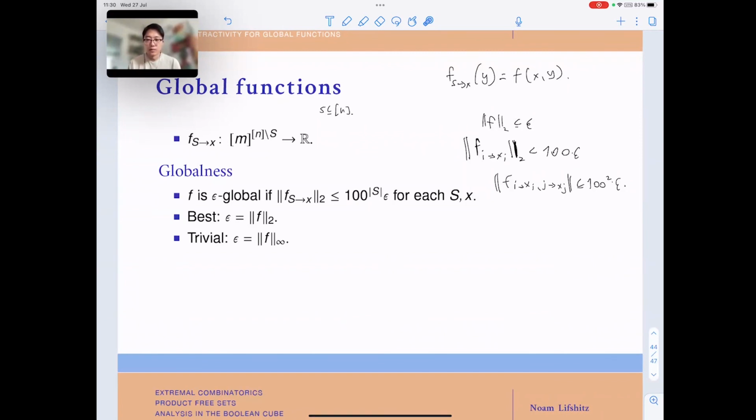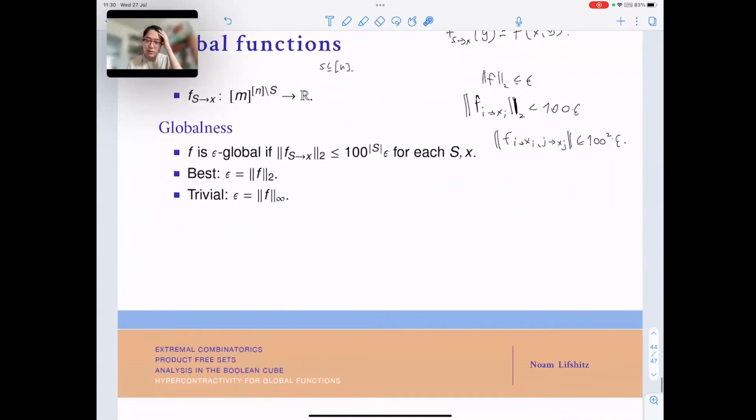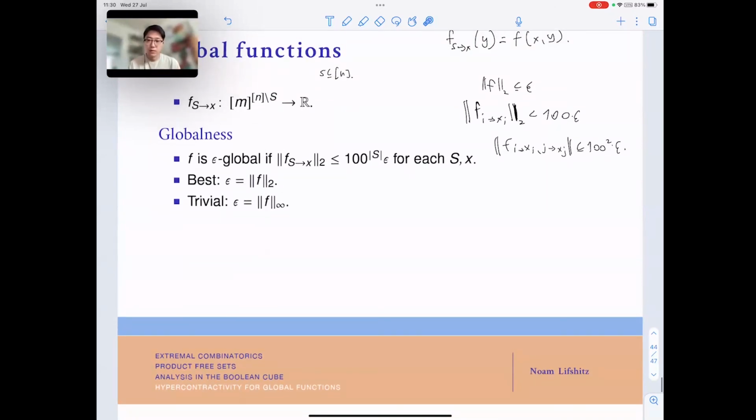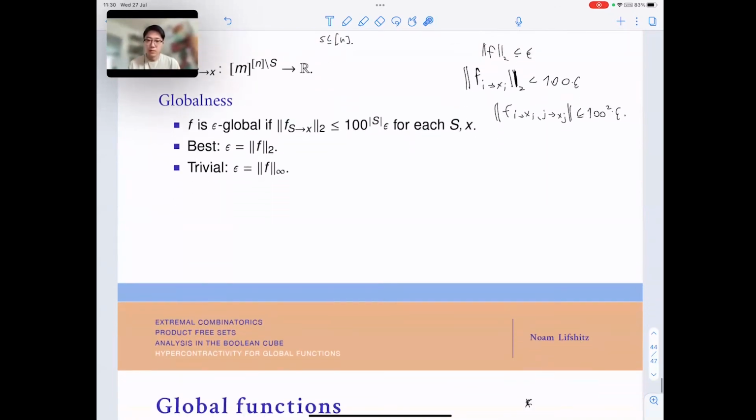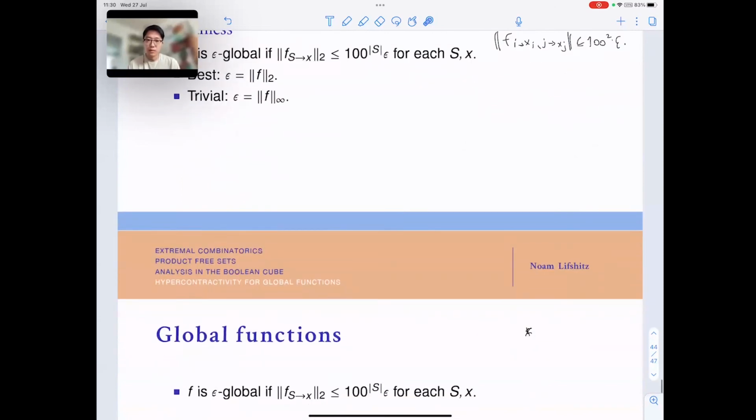The best epsilon you can take is the two norm of f, because this notion in particular requires the two norm of f to be at most epsilon. And the trivial epsilon to take is the infinity norm of f, because you can always upper bound the two norm by the infinity norm. And the infinity norm is maximized when we don't take restrictions. So this is the trivial one.